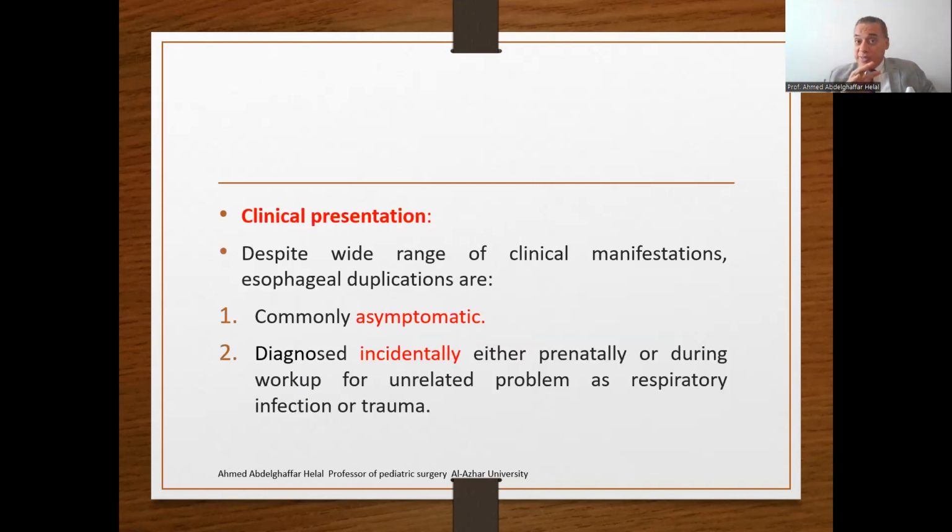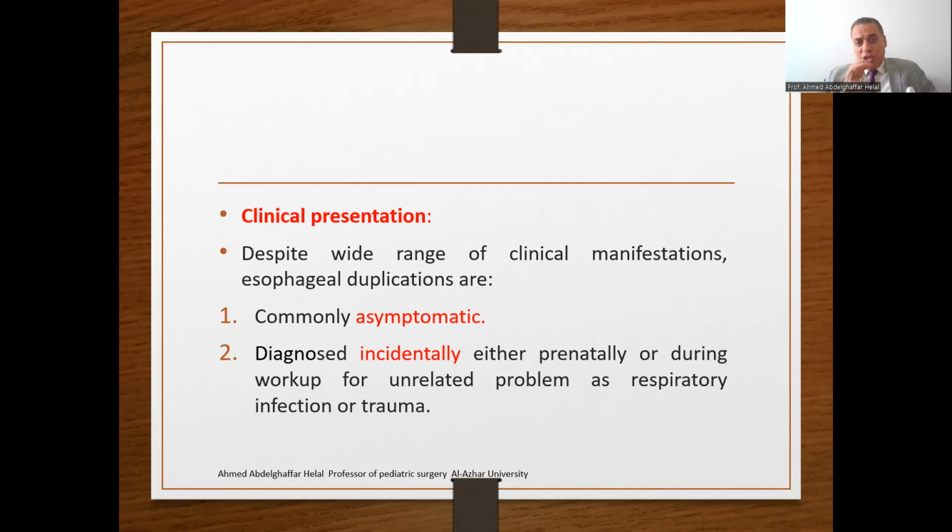Regarding the clinical presentation, despite the wide range, esophageal duplications are commonly asymptomatic, diagnosed incidentally, either prenatally, as we said, or during the workup for an unrelated problem, such as recurrent respiratory infection, or trauma.